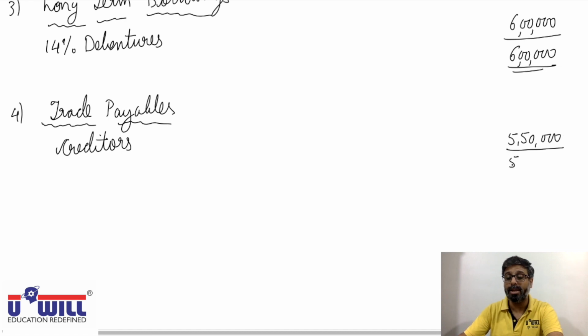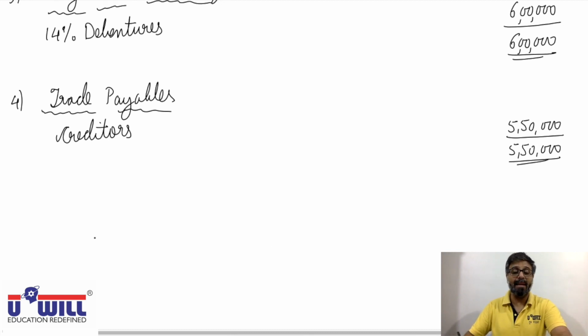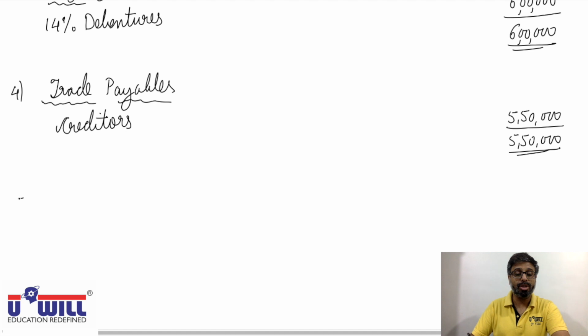Bills payable are not there. Total also 5,50,000. So liabilities are practically all covered. Other than trade payables, we have short-term provisions on the liabilities side in current liabilities, which we don't have in this question. Then other current liabilities are also not there in this question.